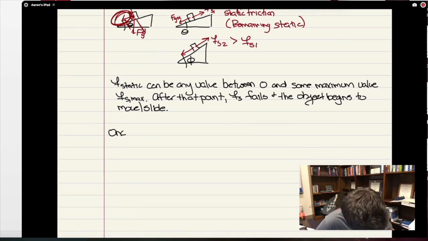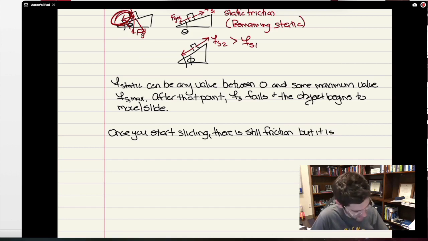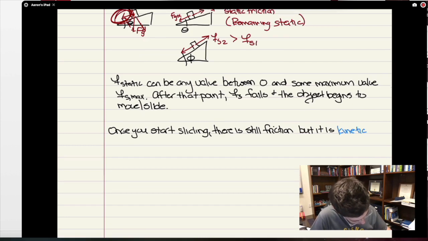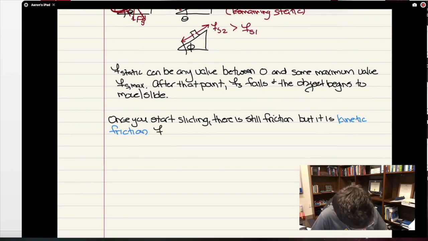So we'll say once you start sliding, there is still friction, but it is kinetic friction. And I might call that a symbol FK instead.